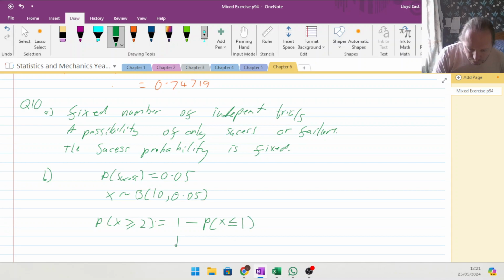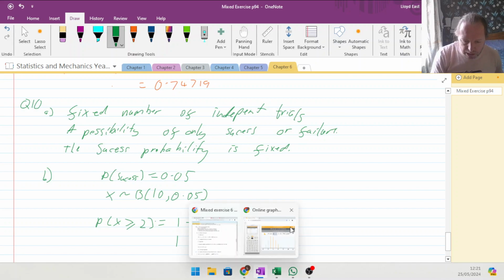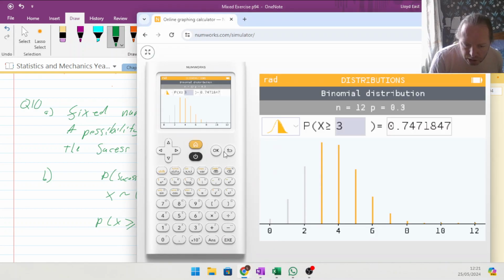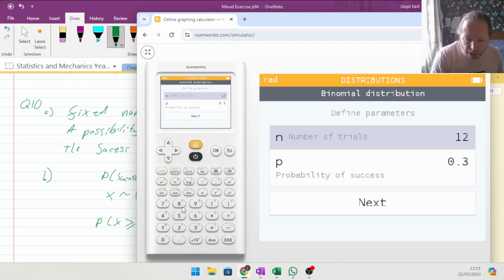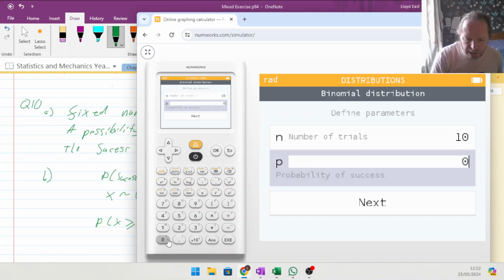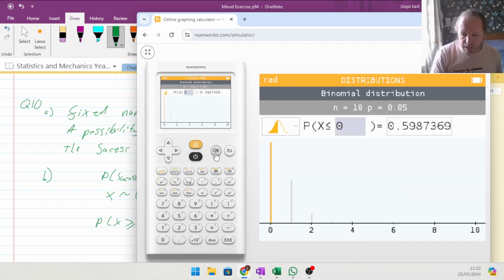Okay. Putting this in, where is a calculator? Here we go. So coming back on that. The number of trials in this case is 10, and probability is 5%. Okay. And looking at a probability scale here, we want to change it to less than or equal to 1. We set, okay, and that's 0.91386.